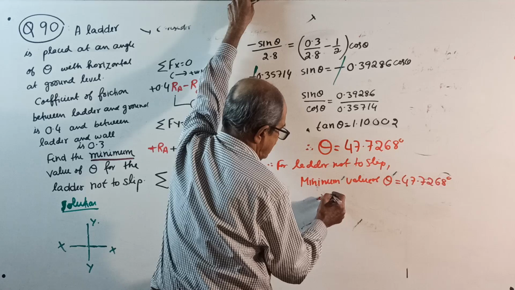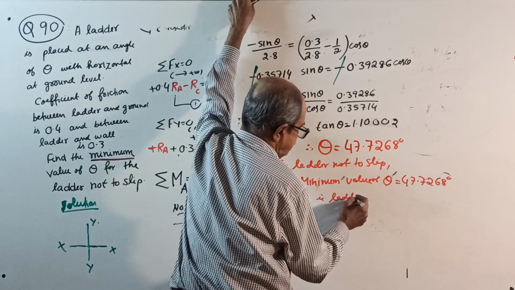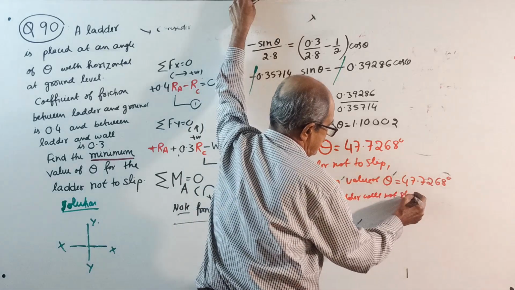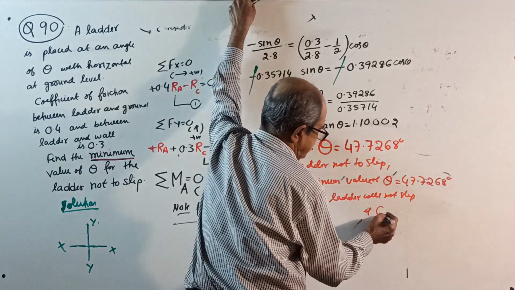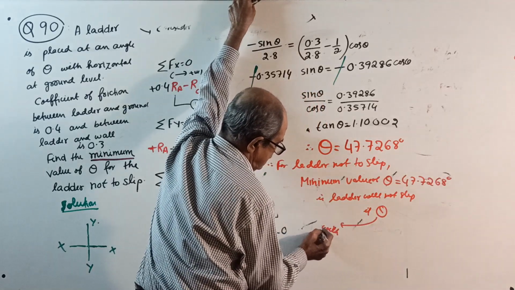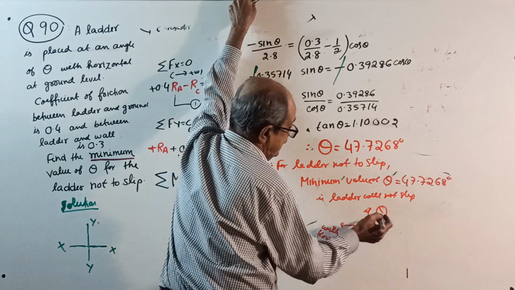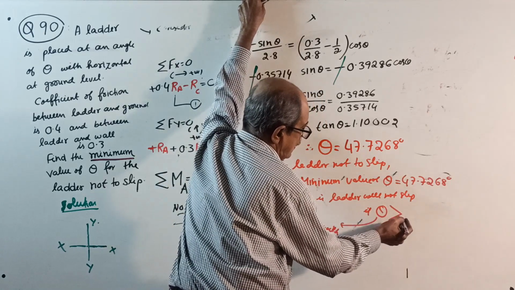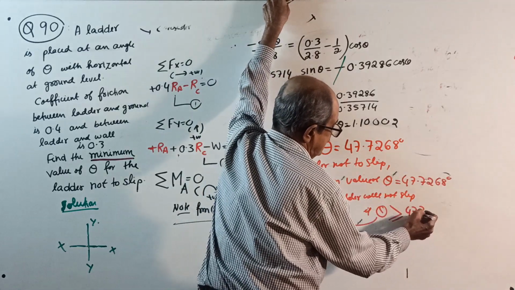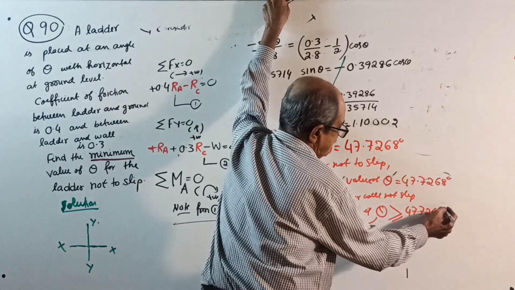That is, the ladder will not slip if theta, remember this theta is with the horizontal, is more than or equal to 47.7268 degrees.